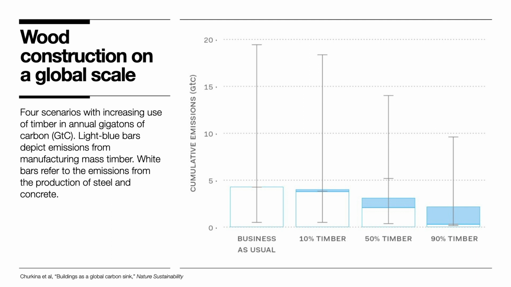But the benefit, as you can see, the light blue bars are emissions, but then the white bars refer to steel and concrete emissions, that we can really reduce our overall emissions as we allocate more of building resources to timber materials.